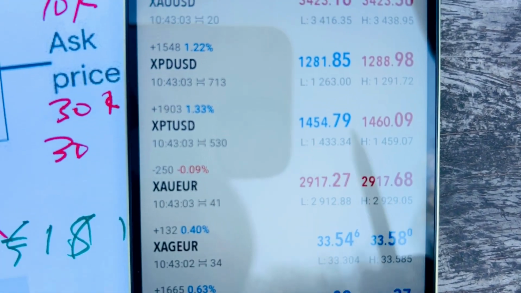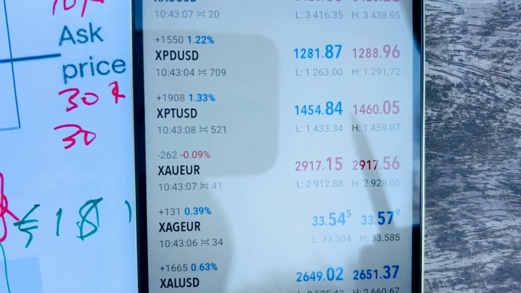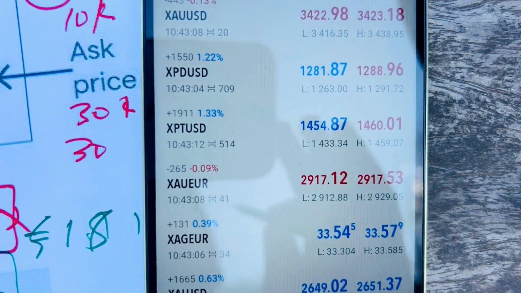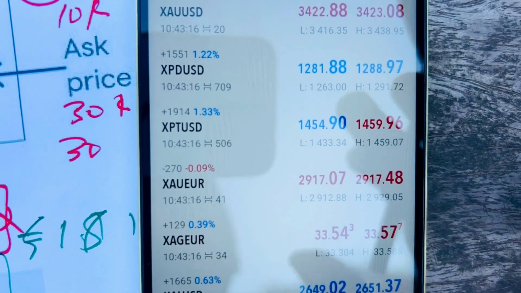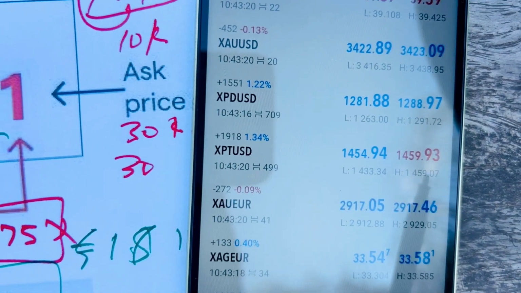Even if you're trading news or you're a technical trader, you must know this. For me personally, when I started trading, I was trading news, so I knew for sure I'm using the pending orders.